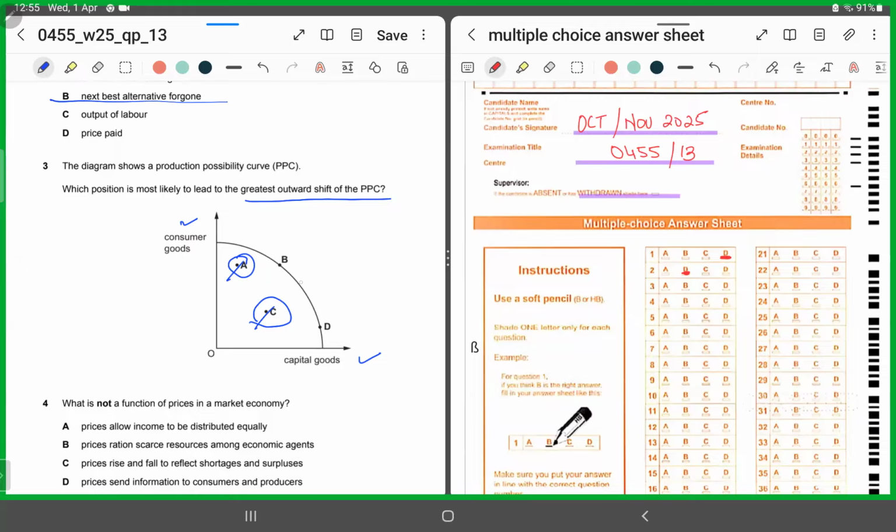Out of options B and D, if you look at point B, the amount of consumer goods is high, and so is capital goods.